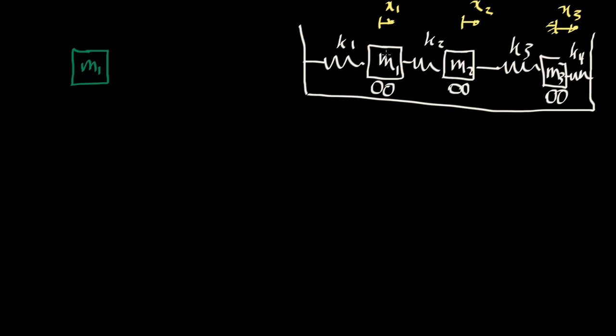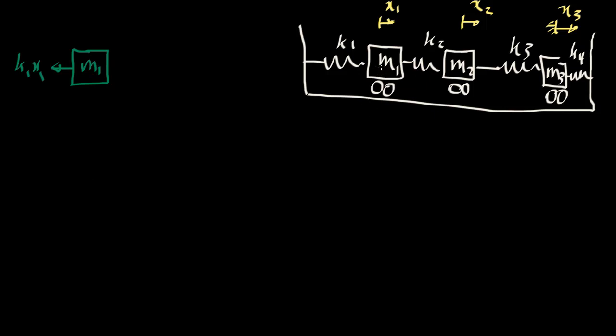So if mass m1 is just moved to the right by a value of x1, what would be the force of this spring? This would be k1 x1. What would be the force of this spring that exerts on this mass?